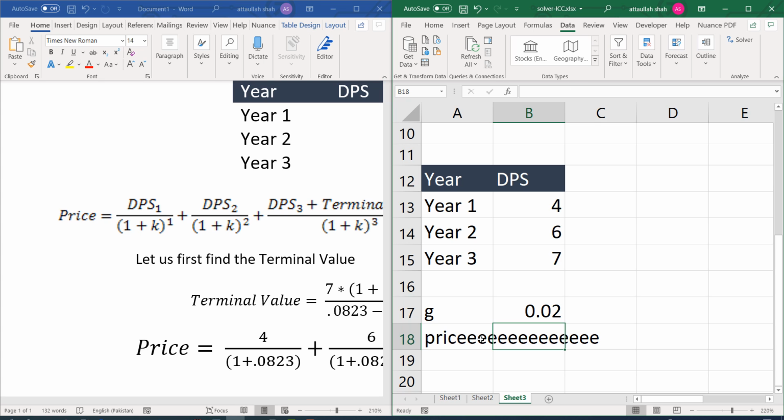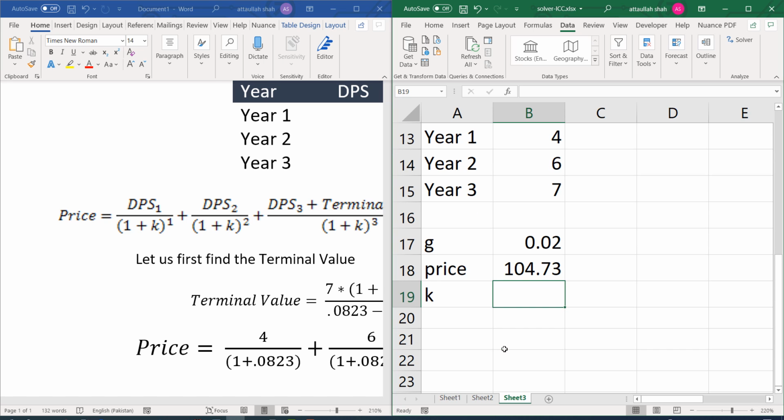it is something wrong with my keyboard, 104.73. Okay, now what do we want to find? We want to find K. So initially, let's say K is some random number, just to get our values in the formula.